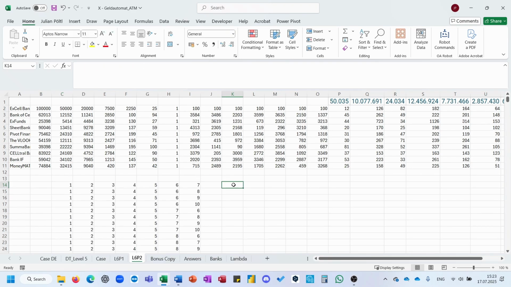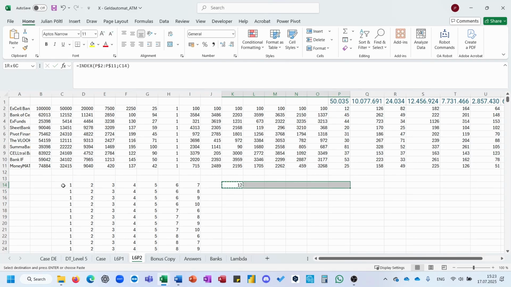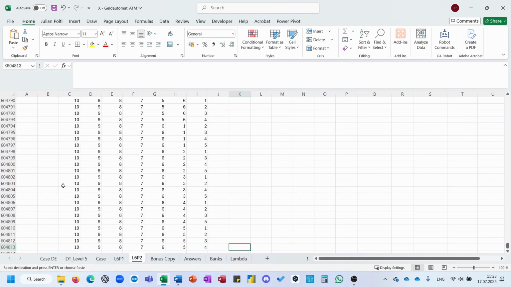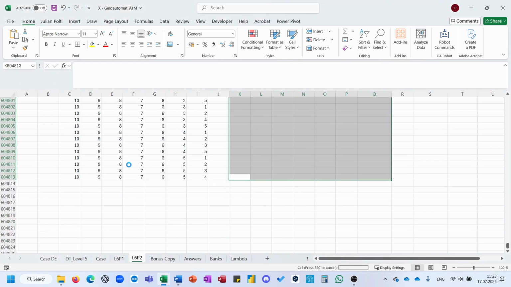Here we go. And then again, index, and a row number. Okay. 7, yes. And this now will take a short minute.